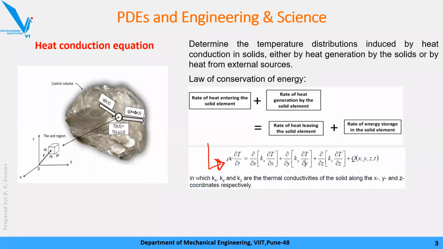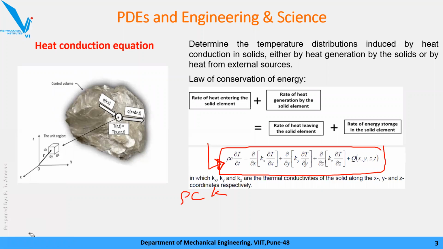Now why are we calling this a partial differential equation? If you look at this equation, how many variables are we playing with? See, rho, c, k, etc. These are constant values. आपका specific density हुआ, specific heat हुआ, k is the thermal conductivity, etc. So all these are constant parameters.